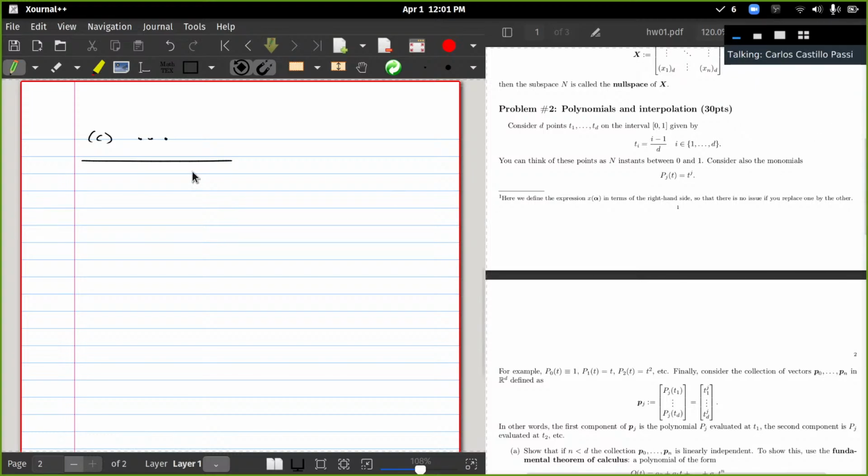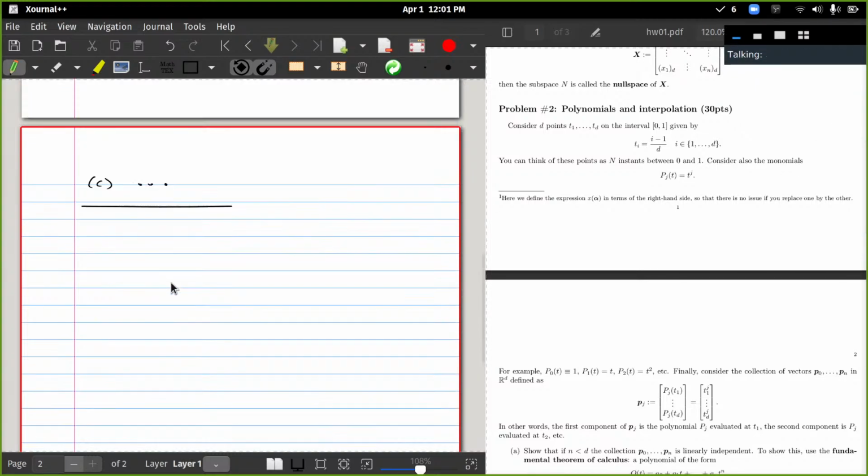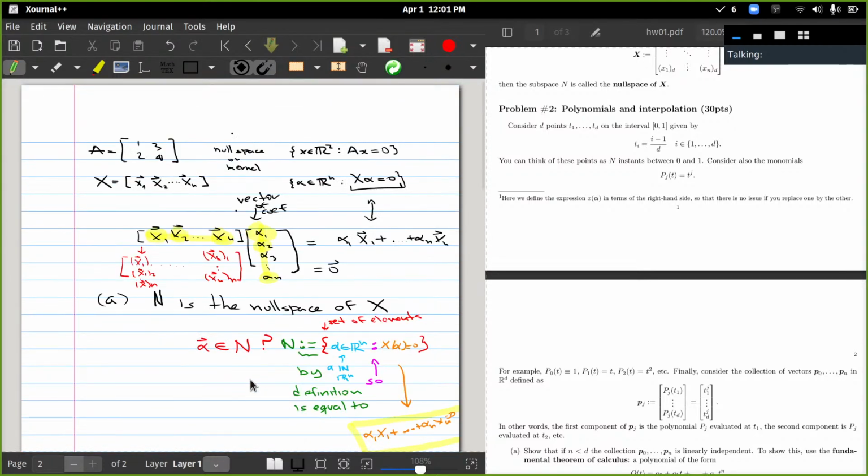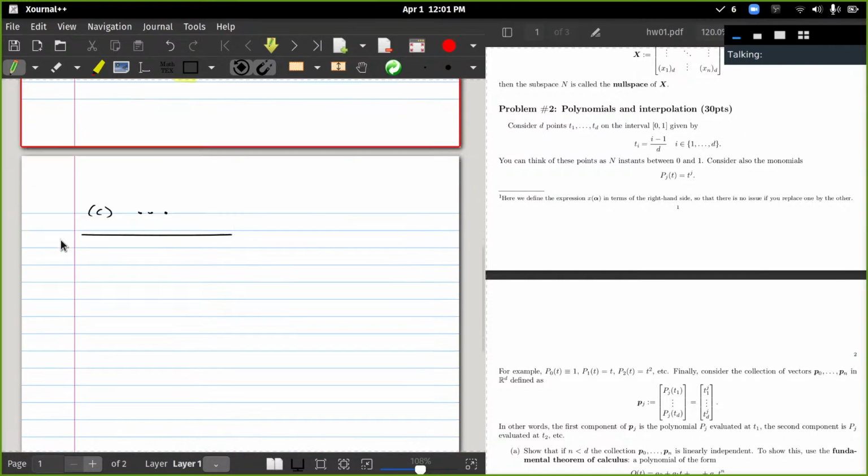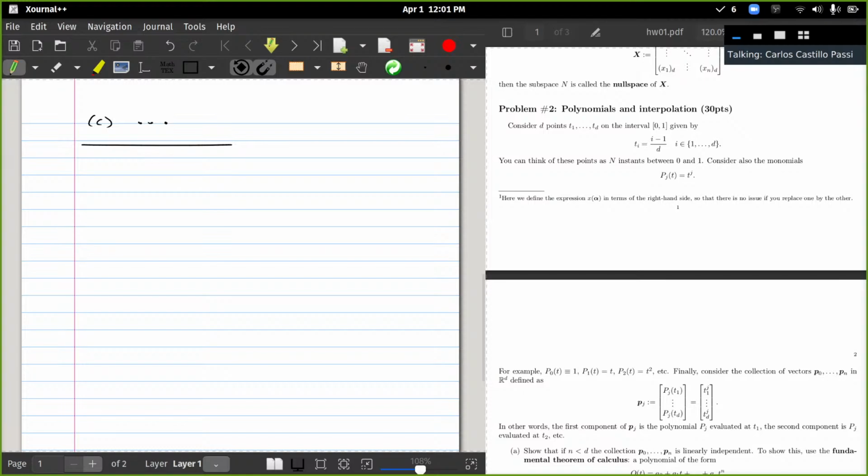Now for the second problem, you can see that you have a lot of points in time.